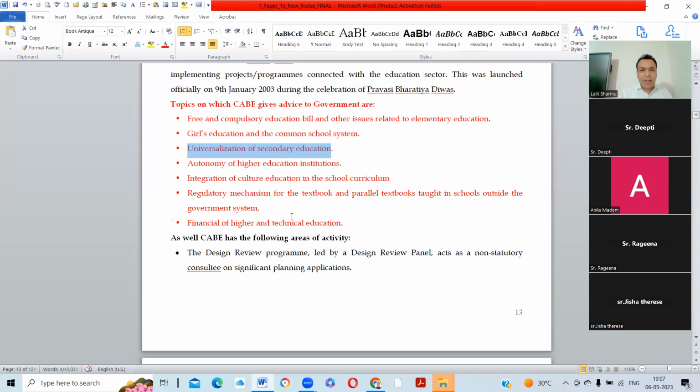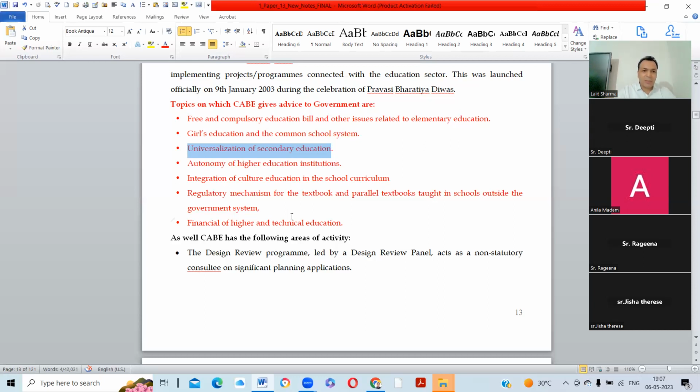You know that a primary teacher cannot teach 6th, 7th, 8th or 9th class; only a B.Ed candidate can teach 9th or 10th class. So keep in mind that universalization of secondary education is done by RMSA, and universalization of elementary education is by the SSA, Sarv Shiksha Abhiyan.